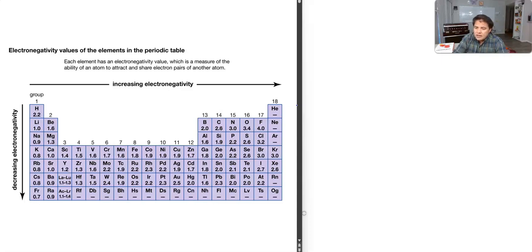Fluorine has the highest electronegativity, 4. All other elements on the periodic table are less than fluorine, so fluorine is the highest in the electronegativity series.